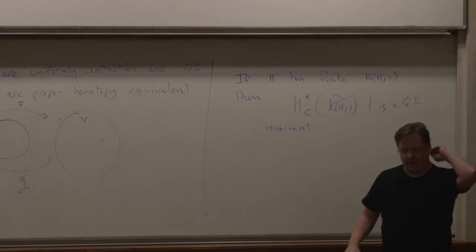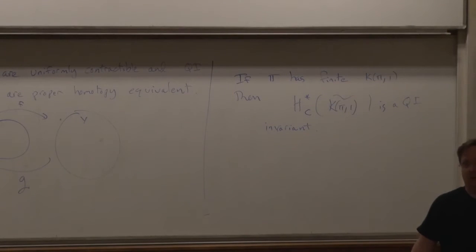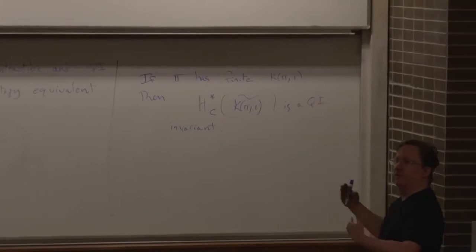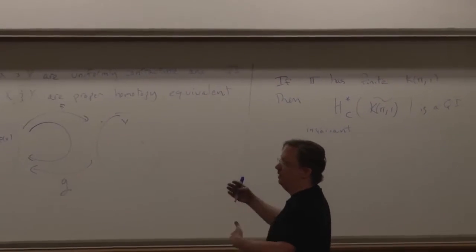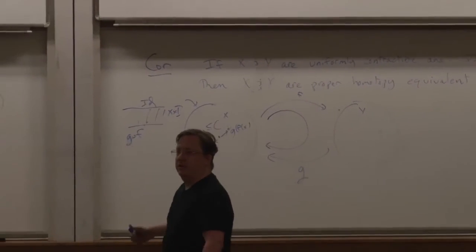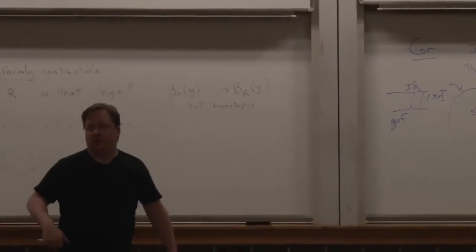And in fact, this finite K pi 1 assumption is somewhat artificial here. We need that to do this all at once. But if you just want to do things on the k skeleton one at a time, it will get you what you need about cohomology.